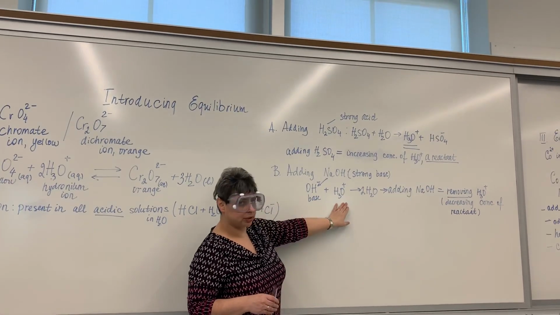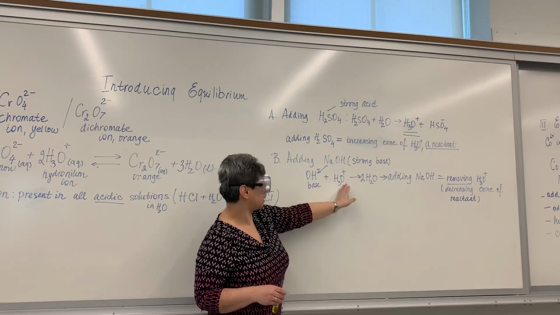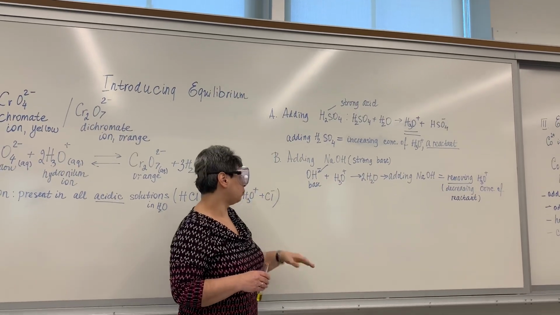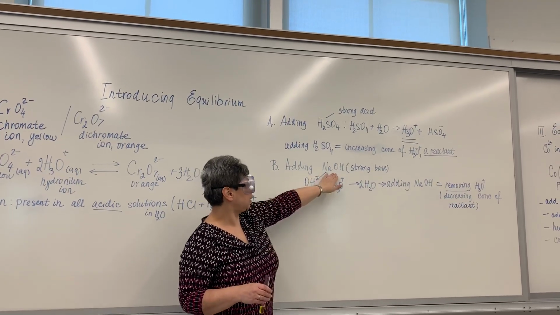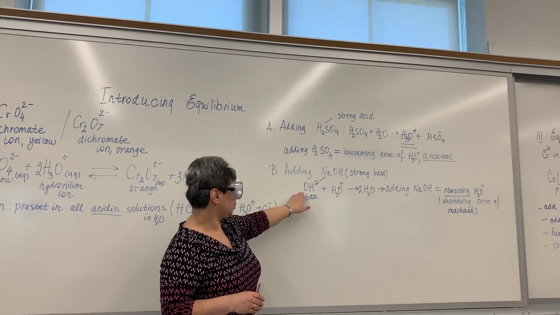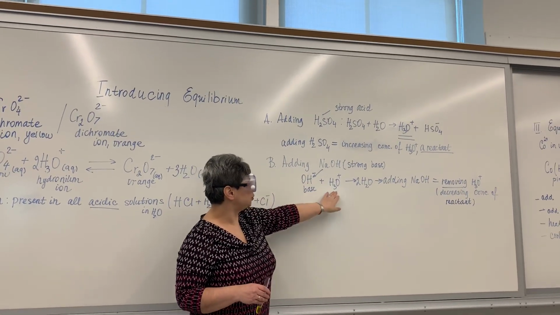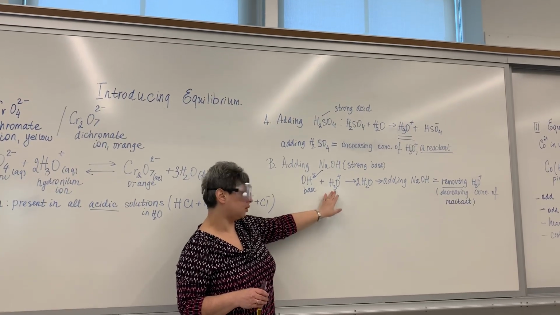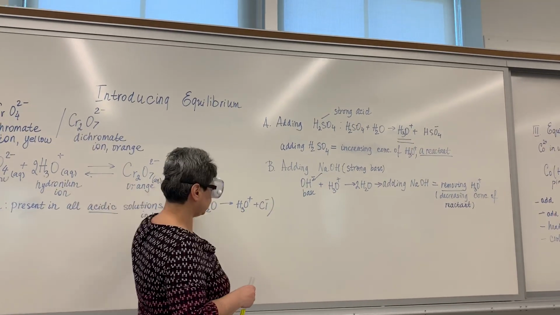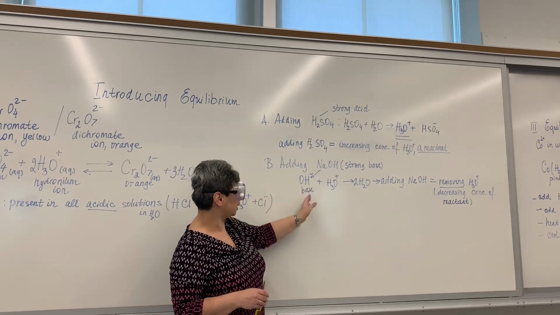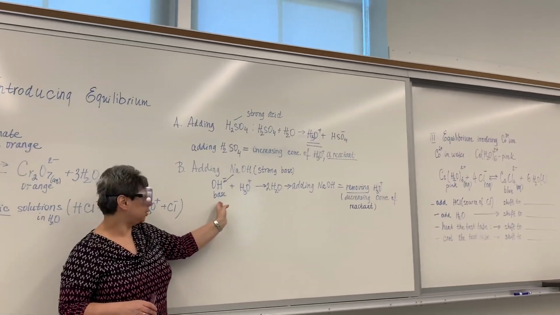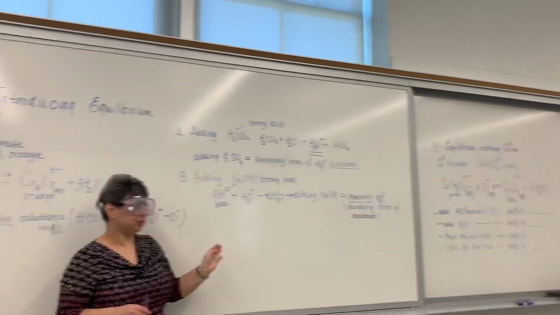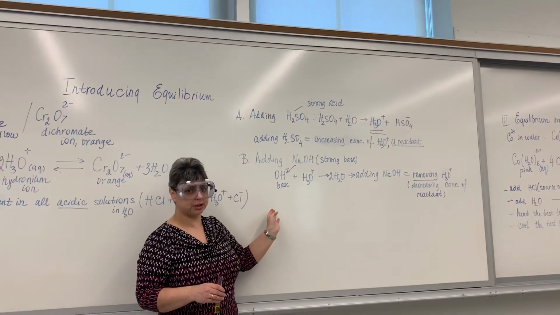This is your classic neutralization reaction, strong base and strong acid producing water. So what did we do by adding NaOH? We actually were able to reduce the concentration of hydronium ion in our original reaction mixture by adding hydroxide.